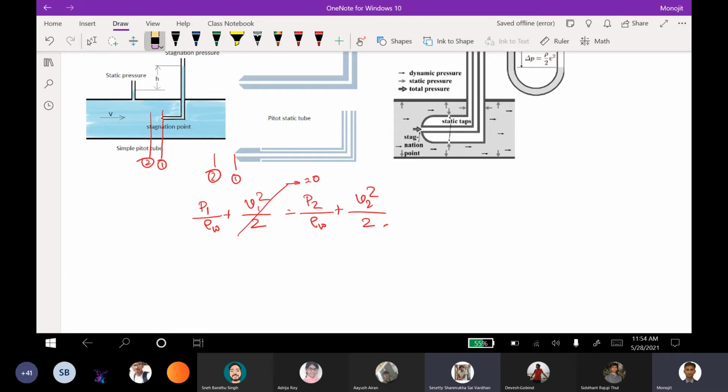Okay, let's change the 1 and 2 to make it consistent with the PPT. So I'm marking this as 2 and this as 1. V1 square by 2. Now, as per this image, V2 is equal to 0.